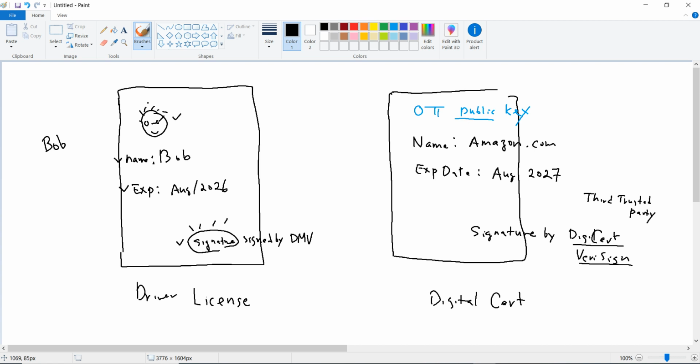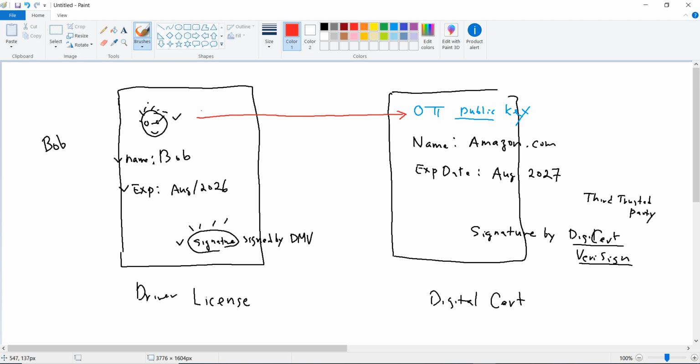As you can see, there's a lot of similarity between a driver license and a digital certificate. I'll use red. This picture shows the identity of Bob, the face of Bob. So there is a one-to-one relation between the driver license and the digital certificate.